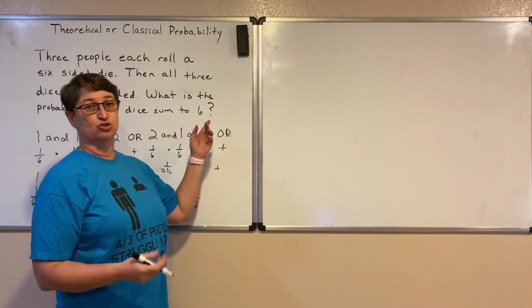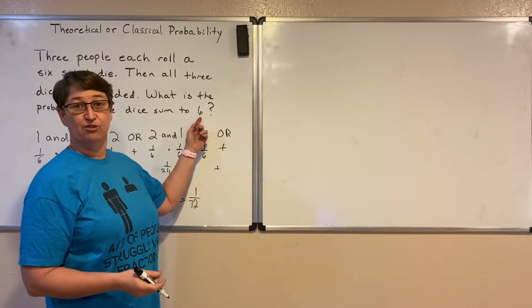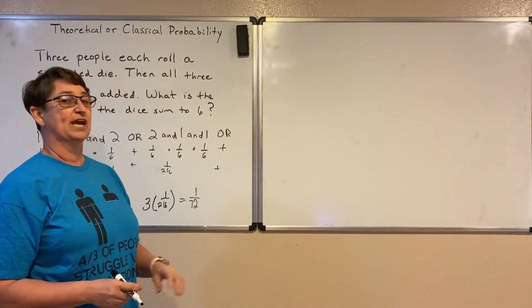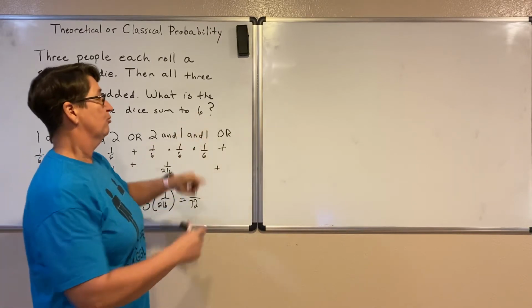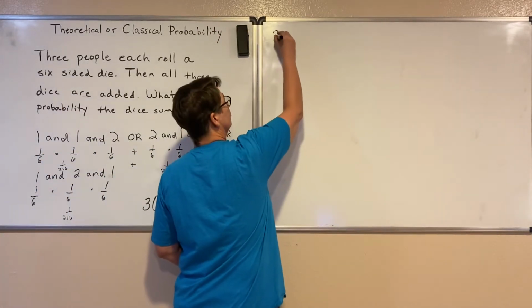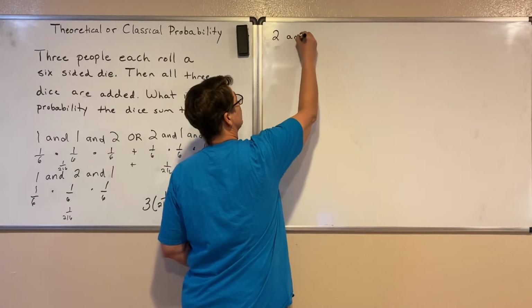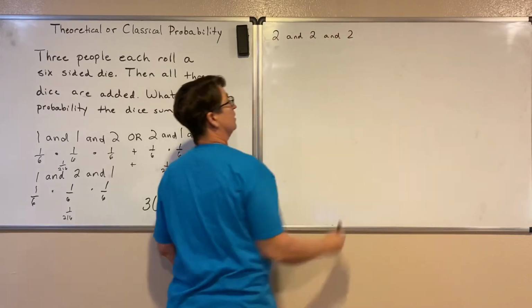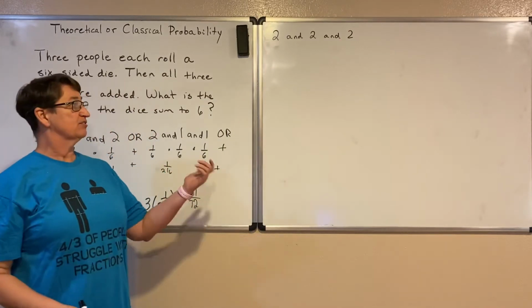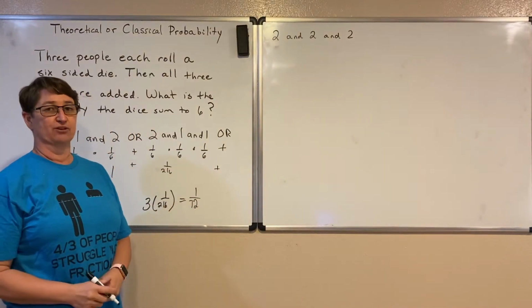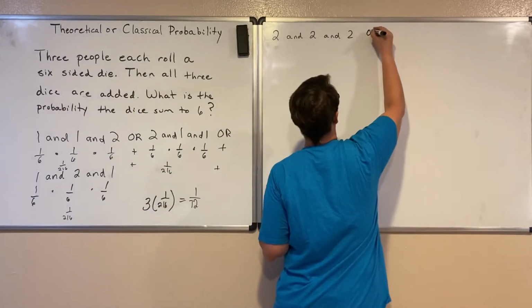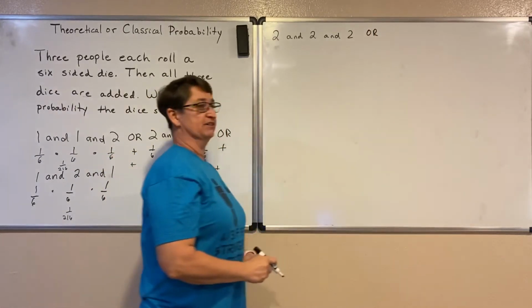I'm going to use my first trick and just take it and divide it by 3 people, so that if they got an even amount, how much would they each have to roll? So one could roll a 2 and a 2 and a 2. And that would add up to 6, because 2 plus 2 plus 2 adds up to 6. That's one way they could get a sum of 6.